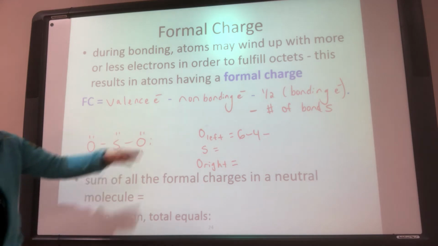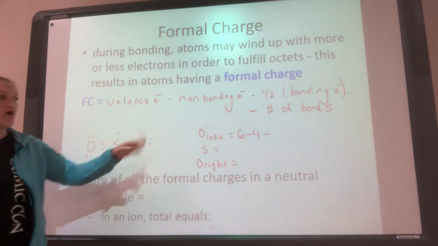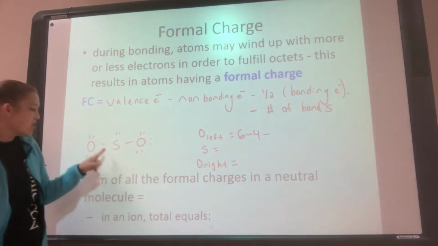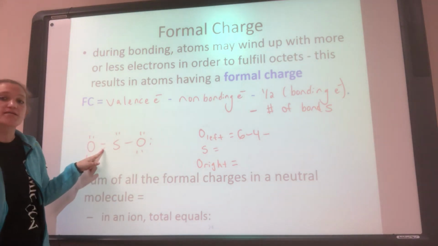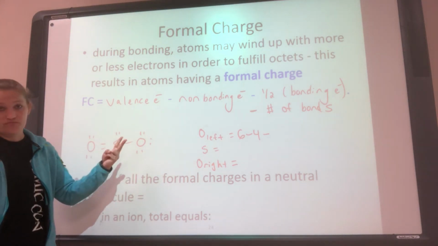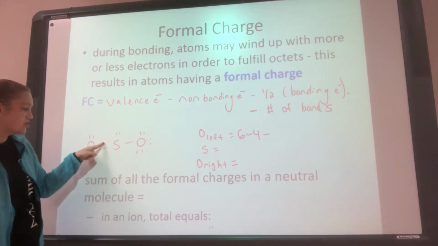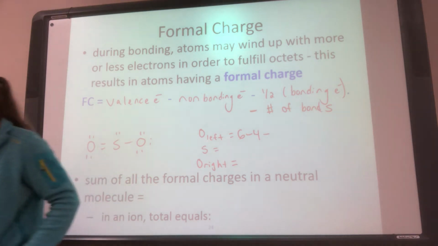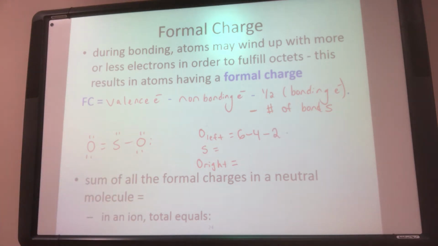Minus the number of bonds, or half of the bonding. If we say half the bonding, we have 1, 2, 3, 4 bonding electrons. Half of that is 2. If we say the number of bonds, there's 1, 2 bonds. So 6 minus 4 minus 2 gives me 0. So he has a 0 formal charge.